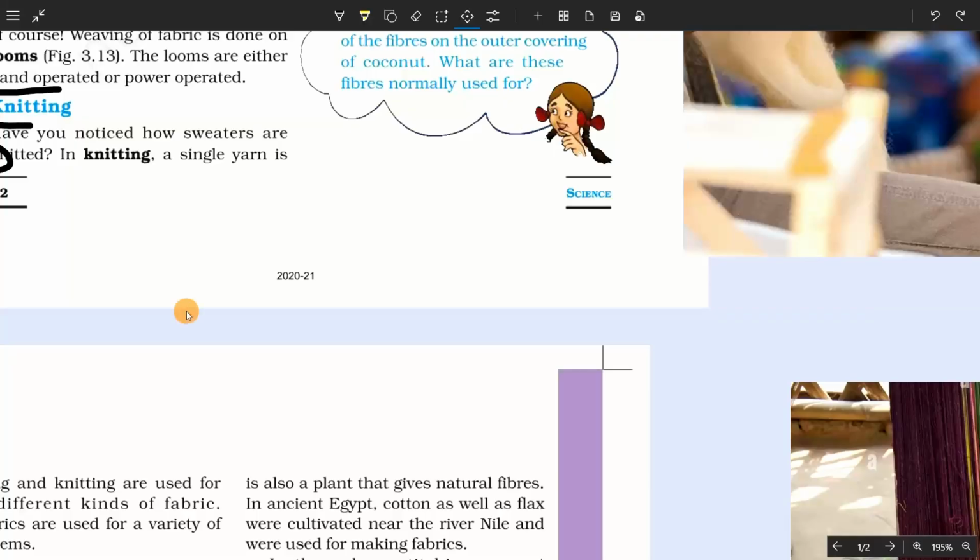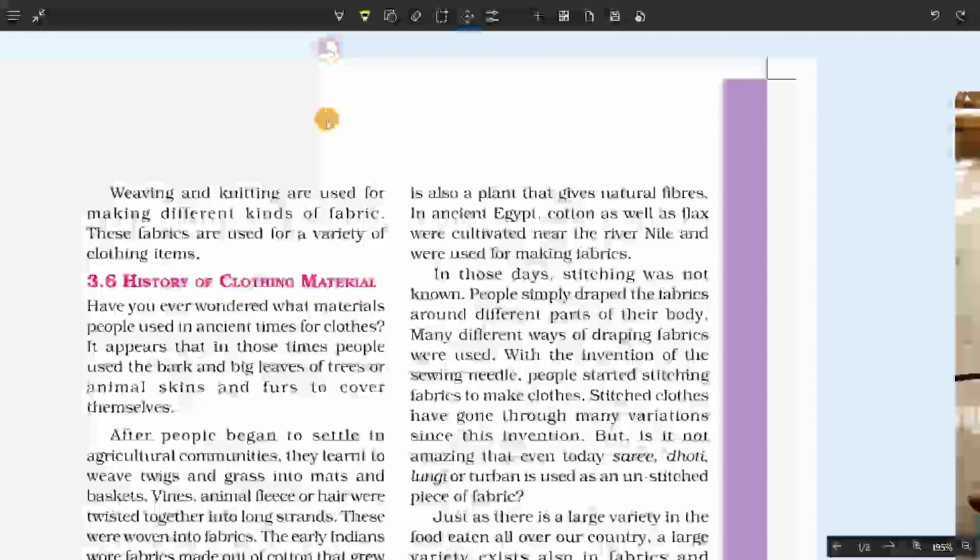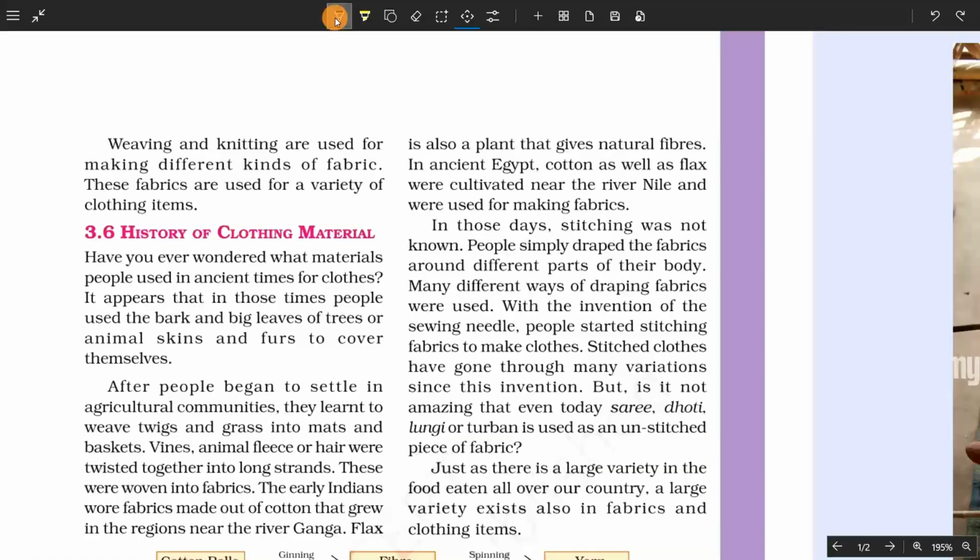Next, we'll move on. Here, weaving and knitting are used for making different kinds of fabrics.